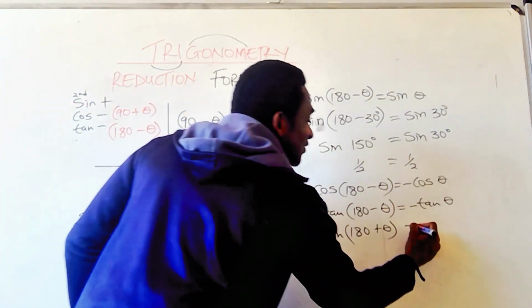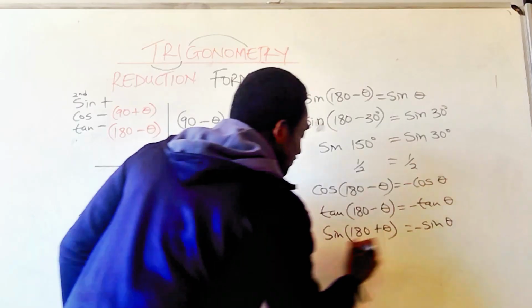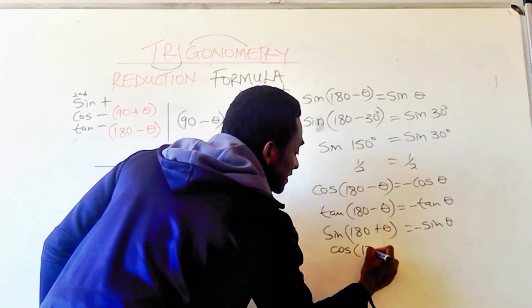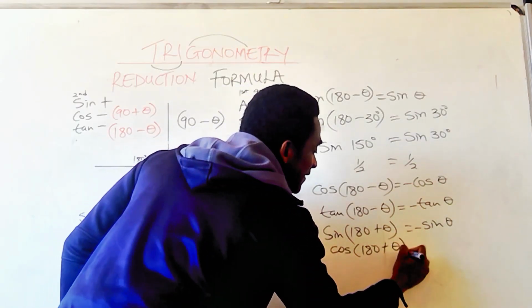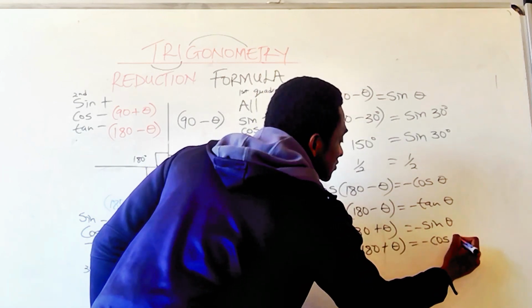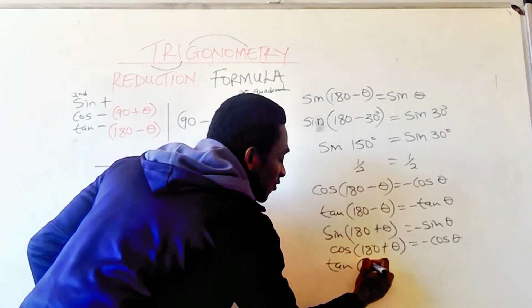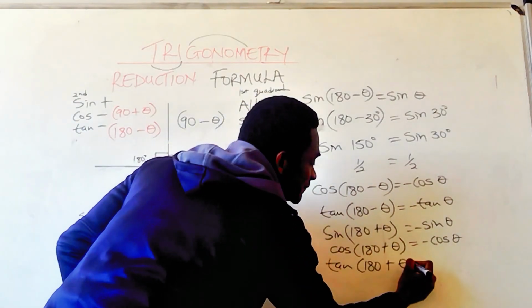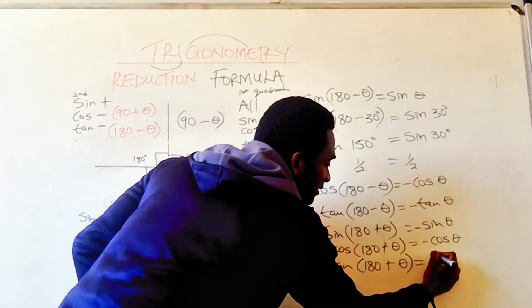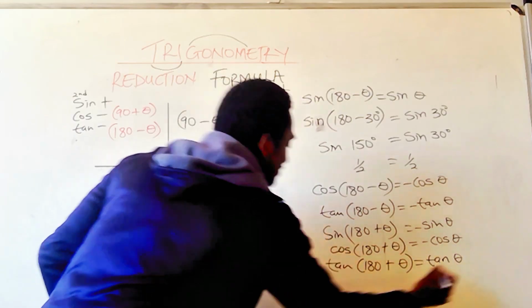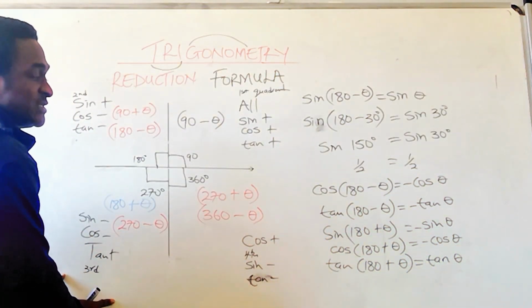Sine is negative, so it returns negative sine theta. Cos of 180 plus theta will return negative cos theta, because cos is negative on the third quadrant. Tan of 180 plus theta will return positive tan theta, because tan is positive on this quadrant.